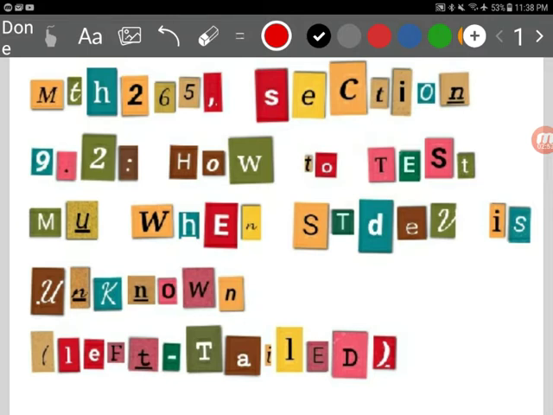Your procedure on page 428, the procedure on how to conclude a test using the p-value and level of significance, alpha. And these are some things we're going to see in our lesson today. So very important that we know about this procedure. It says if the p-value is less than or equal to the level of significance, we reject the null hypothesis and say the data is statistically significant at the level alpha.